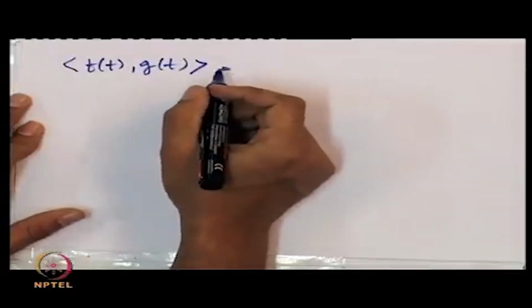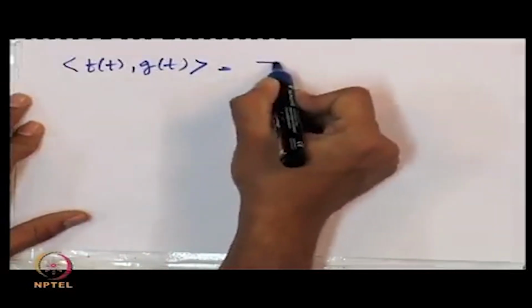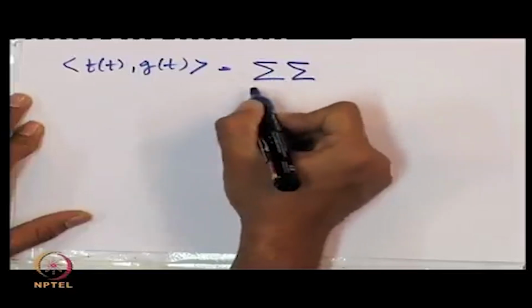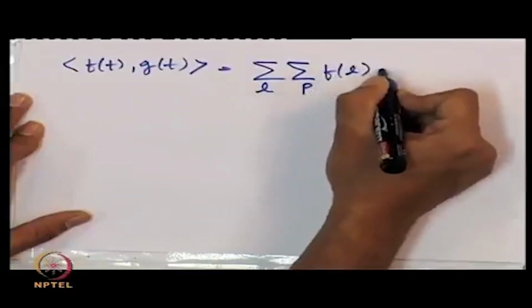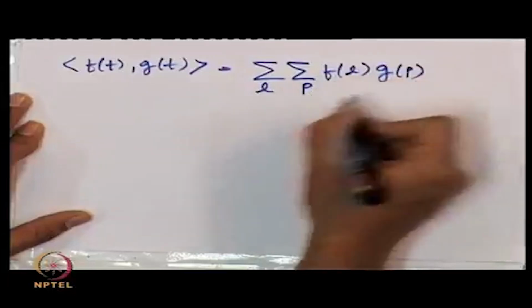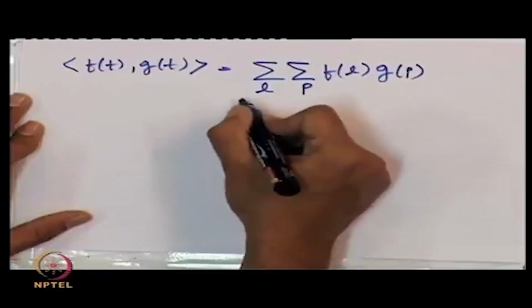We will take Gp and Fl common, and it results in a double summation of Fl Gp, and the results in the integral.